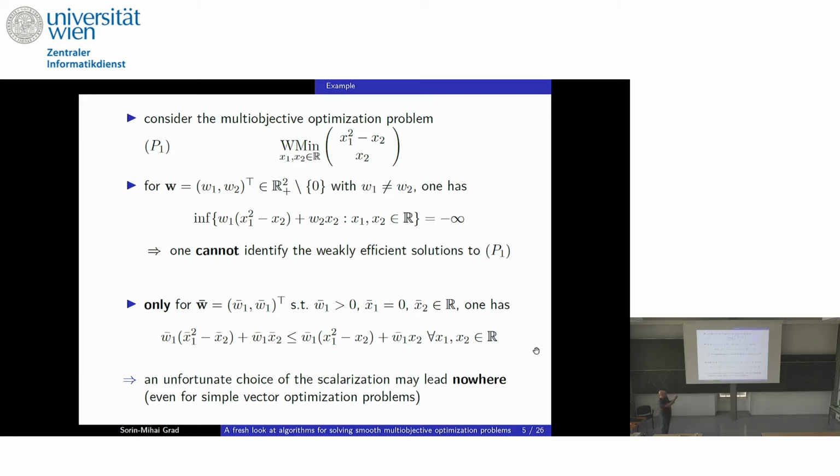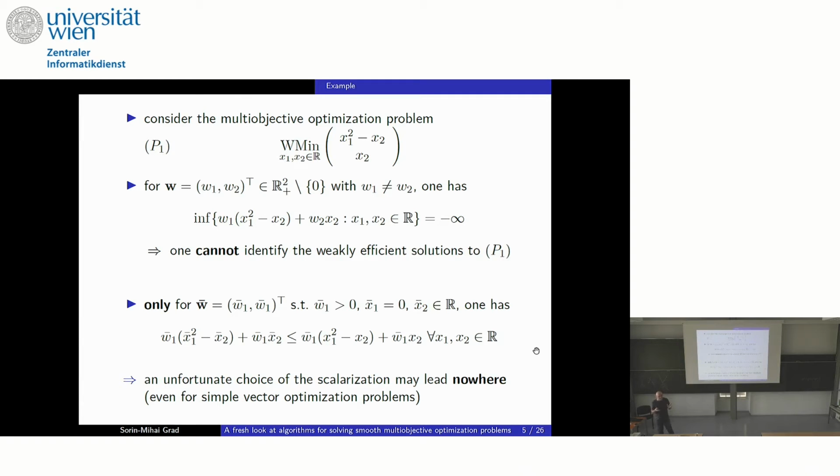And this is a quite simple multi-objective problem: you minimize at the same time these two functions. You can see they are not combinations of cosines, exponentials, or whatever, just polynomials, and even simpler things. In this case, if we attach any weights W1 and W2 to these functions, as long as they are not equal, then the scalarized problem is unbounded.